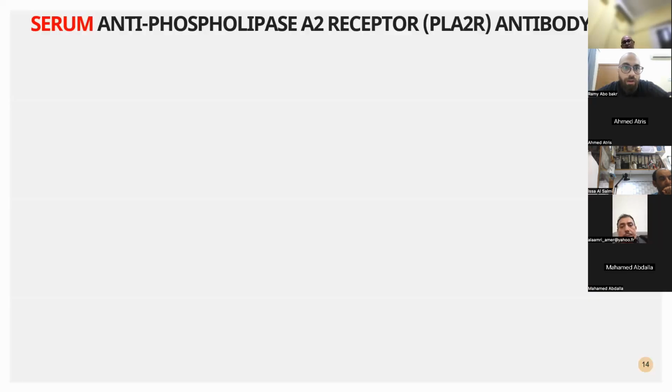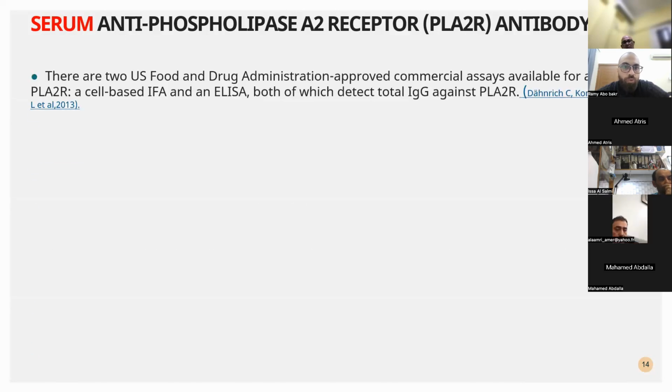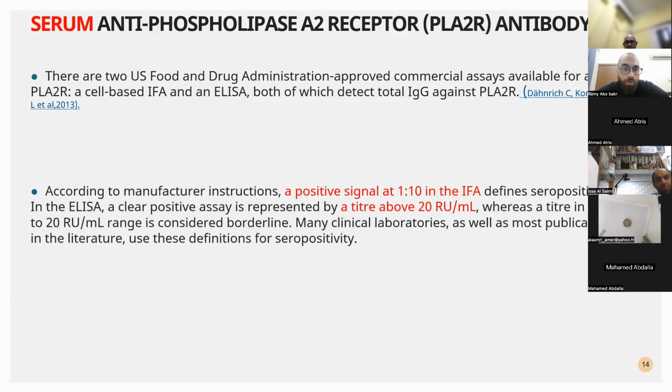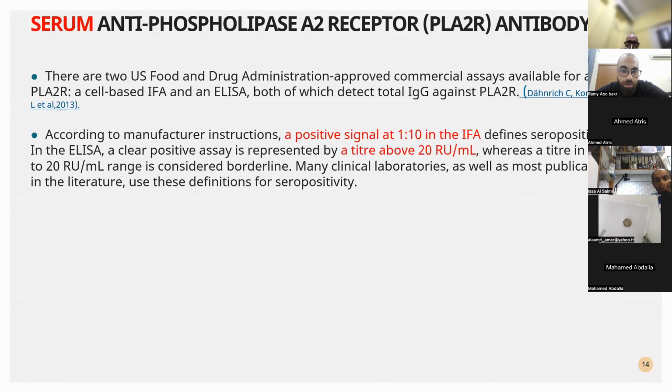Regarding the availability of tests, we have two tests available in the market. We have what is called the cell-based immunofluorescent assay, and we also have the ELISA. Both of them detect IgG antibodies against the phospholipase A2 receptor antigen. According to the manufacturer's instructions, the immunofluorescent assay is considered positive if you have a titer from 1 to 10.